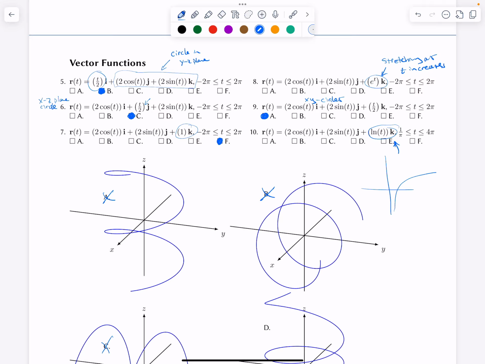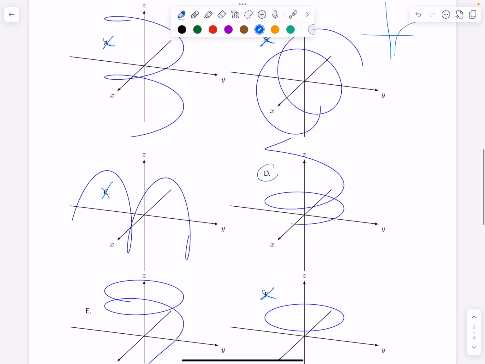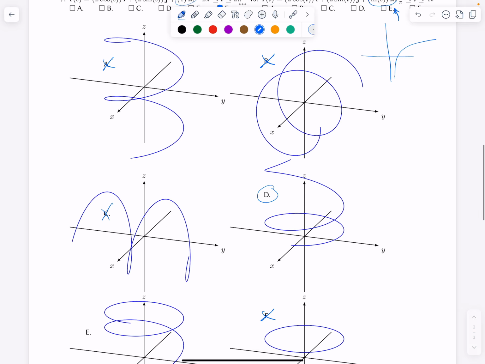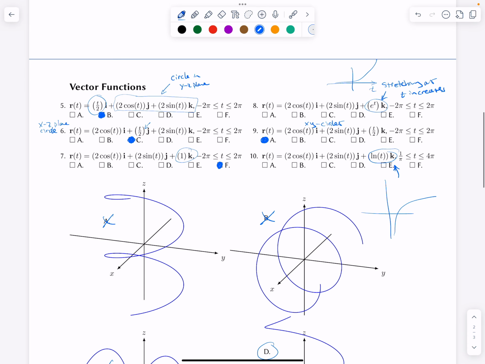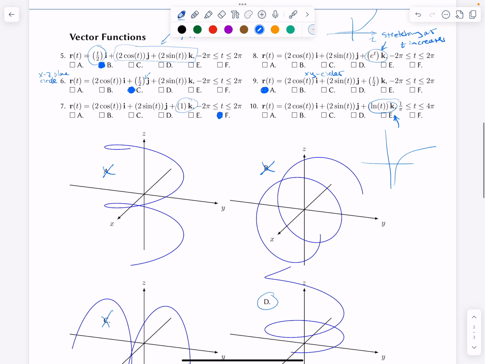So you're actually compressing this spring, if you want to think of it as a spring. e to the t, here's what e to the t looks like. And so the further you go as t gets bigger, the z coordinate gets further and further away at an exponential rate. So the one that is doing that is letter D. You see that one? As you go up this spring, it's getting stretched at a greater and greater rate. So that's letter D here.